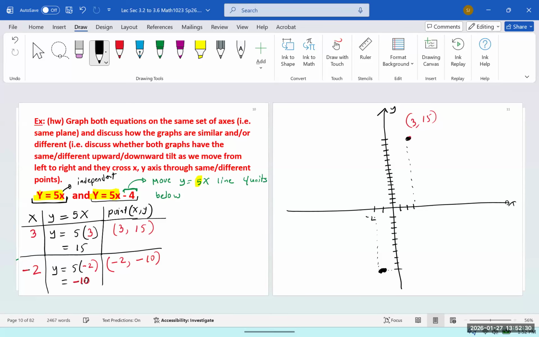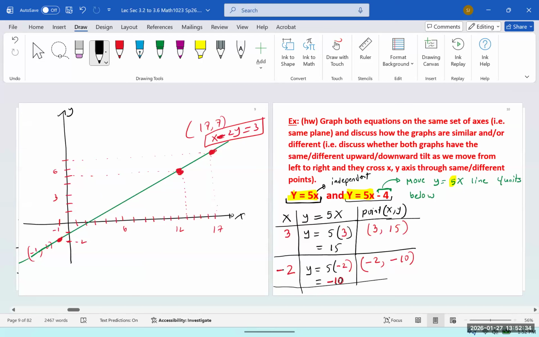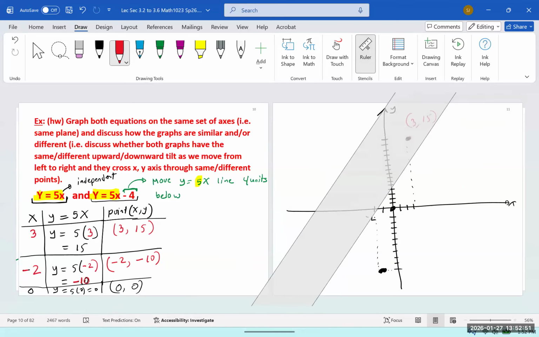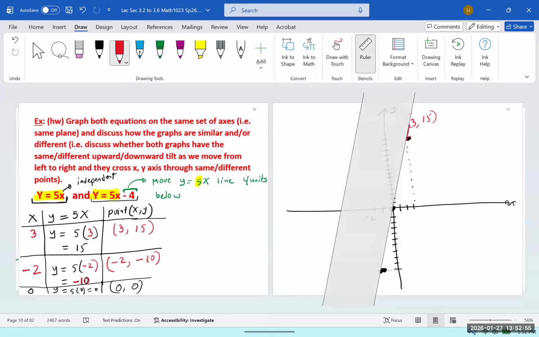And if you want to pick, you can pick another point actually. 0. When x is 0, y is 5 times 0, which is 0. So it goes through the origin 0, 0, which is here. Yeah. Now let's draw the line. So this is the equation y equals 5x.